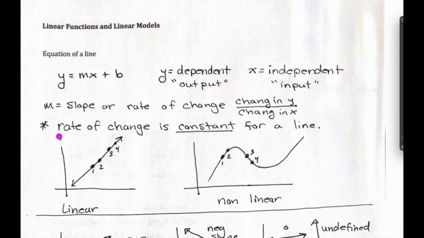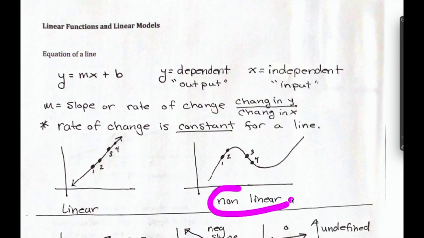So now one thing we're going to stress in this section too is if we're talking about a linear function, that rate of change or your slope has to be constant, meaning it's not going to change. That steepness and that tilt is going to remain the same. So if I look at something that's linear, notice I have 4 points here. I labeled them 1, 2, 3, 4. If I find the direction of the tilt and the steepness between 1 and 2, it's going to be the same steepness and direction of tilt between 3 and 4.